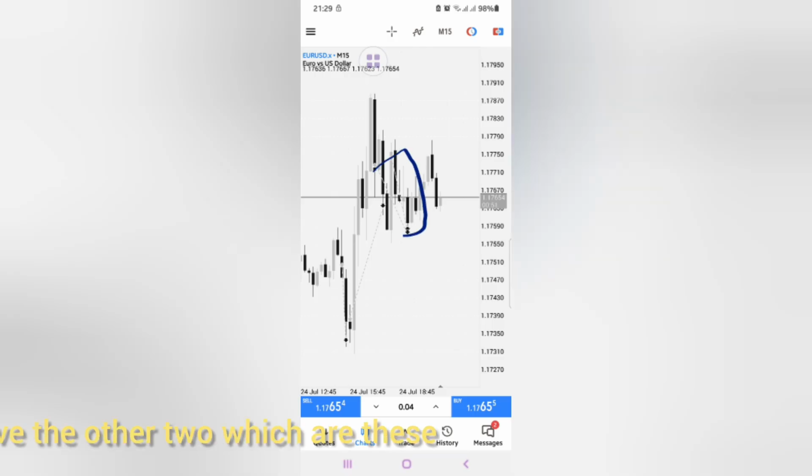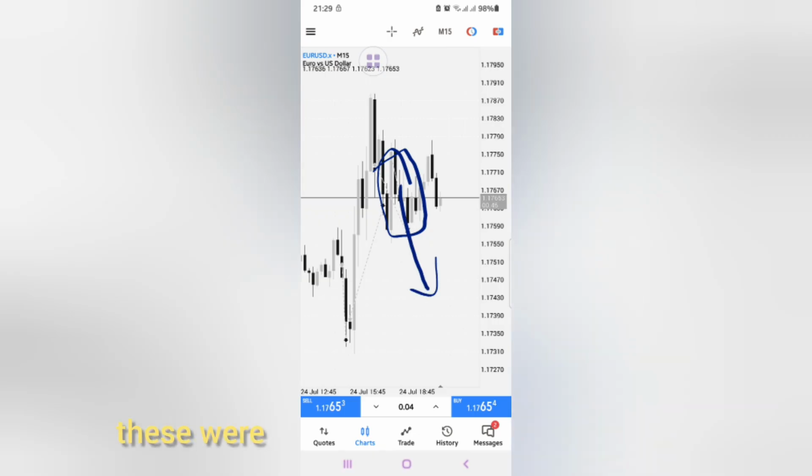I had other two which are these, and they were losses.